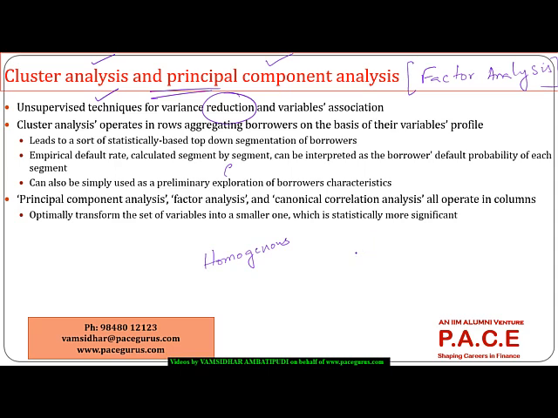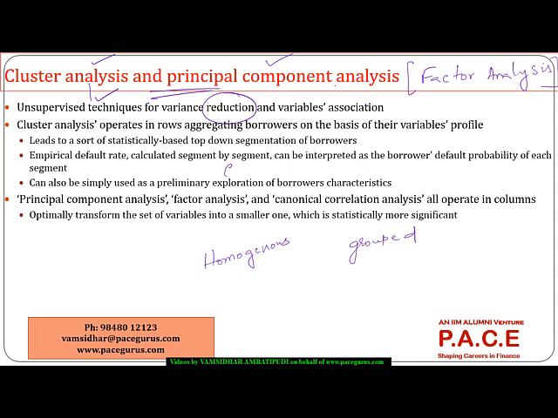We try to understand which institutions or entities can be grouped together based on the similarity of the features they carry, separated from the other groups. This is a mechanism for creating homogeneous groups, and that is what cluster analysis is meant for.